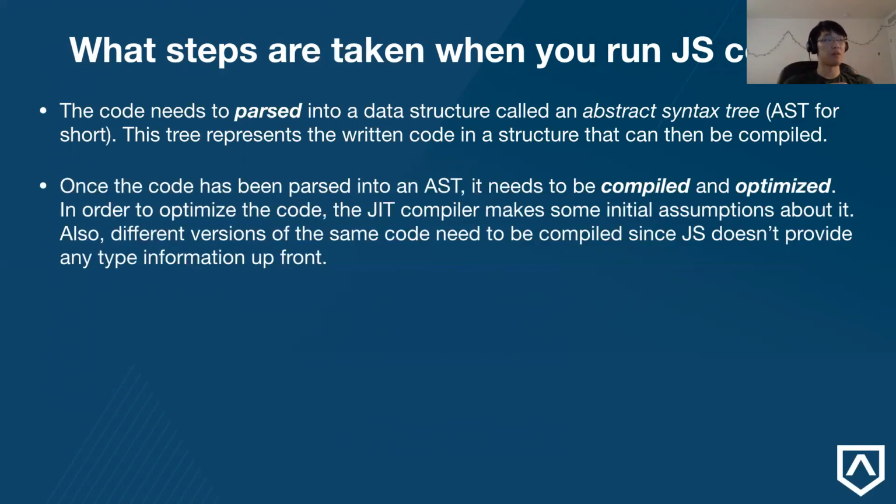But in order to make optimizations to that code, it makes a lot of initial assumptions about it. And so also the fact that different versions of the same JavaScript code actually need to be compiled. And this is because JavaScript is not a typed language.